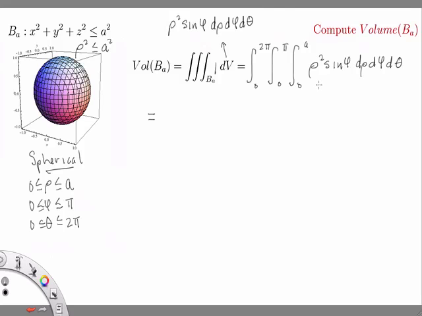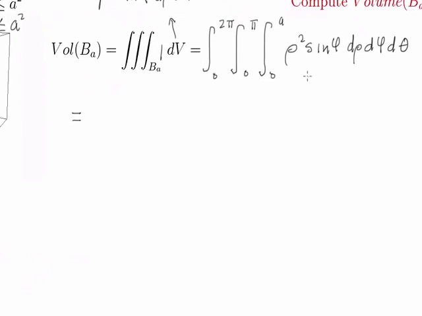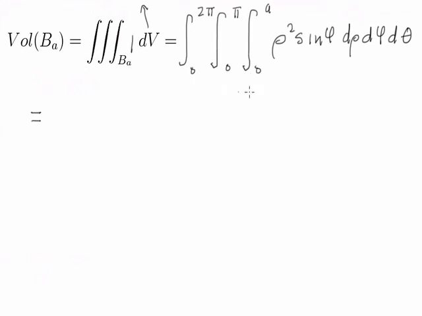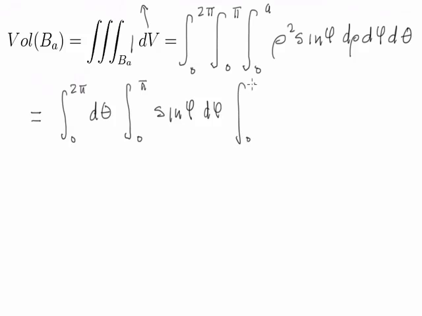Now because we have a product of functions of the different coordinates and constant bounds, I can split this triple integral up as the product of 3 single variable integrals. I have the integral from 0 to 2 pi of d theta times the integral from 0 to pi of sine of phi d phi, and the integral from 0 to a of rho squared d rho.